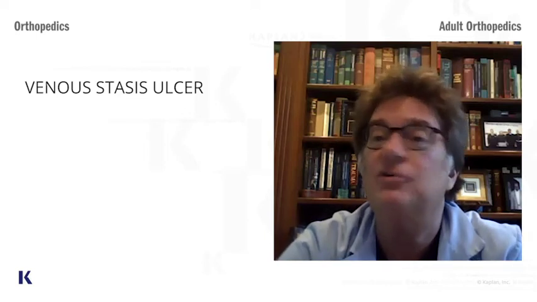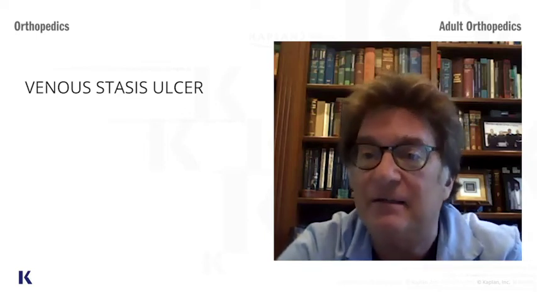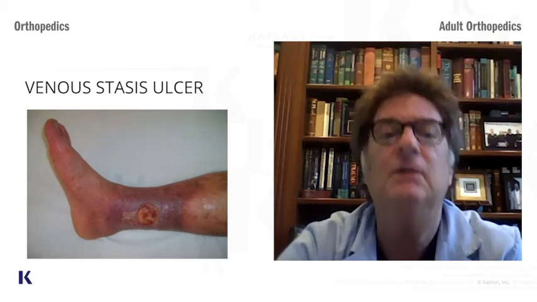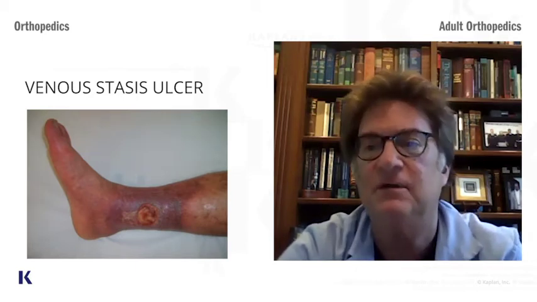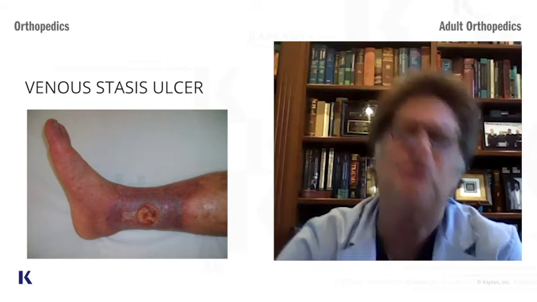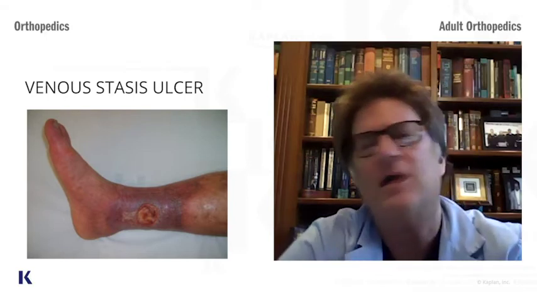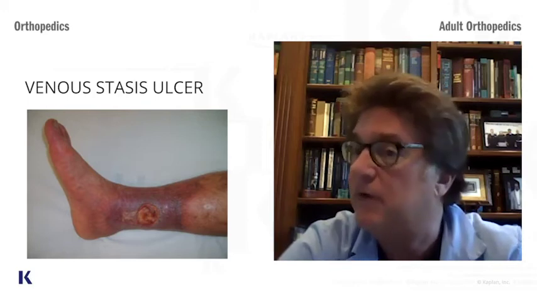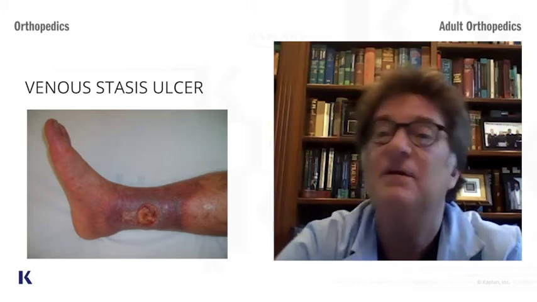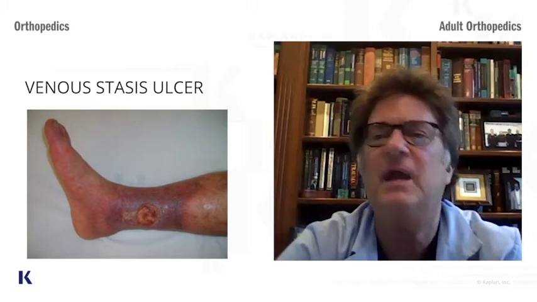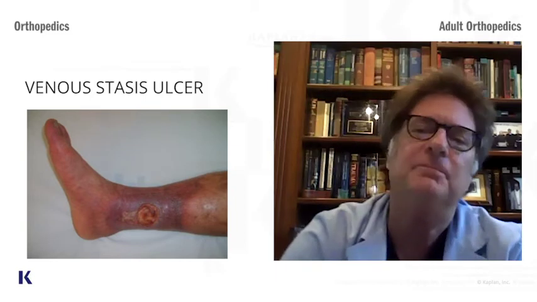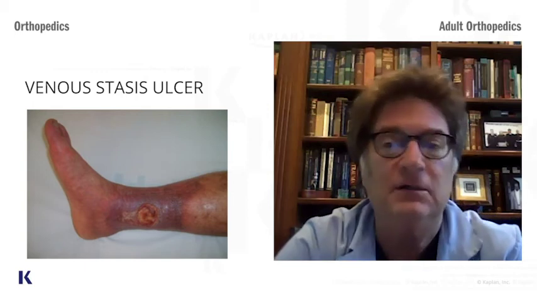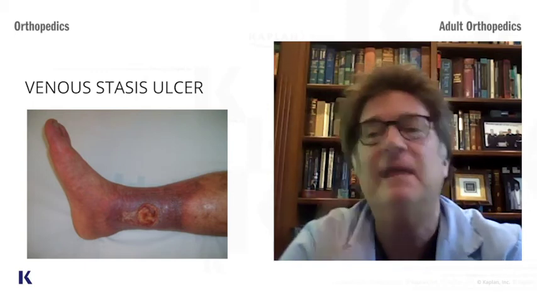Where do you find your greater saphenous vein? Medial malleolus. Can it occur other places? Sure. But by far the most common is the medial malleolar area where the greater saphenous vein is. Everyone has varicose veins to an extent. In part, it's familial, meaning it's not like blue eyes or brown eyes.